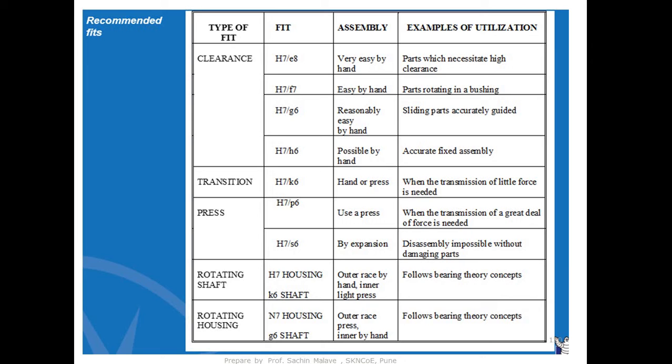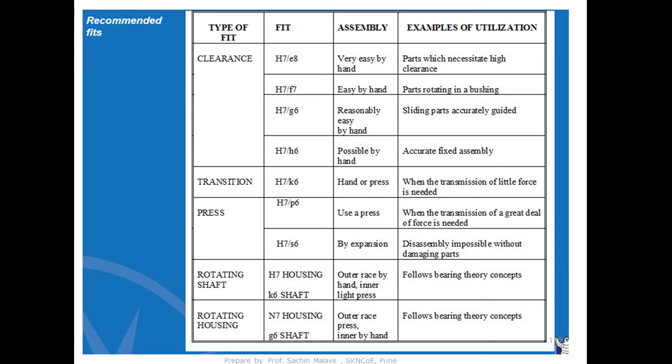If you want to carry out this type of assembly, you have to use either hand or you will need to press the assembly when the transmission of a little force is needed. When you require this transition fit, you want to transmit a little amount of force.